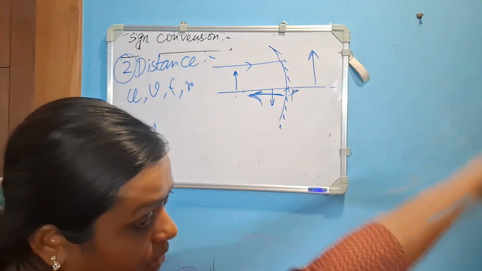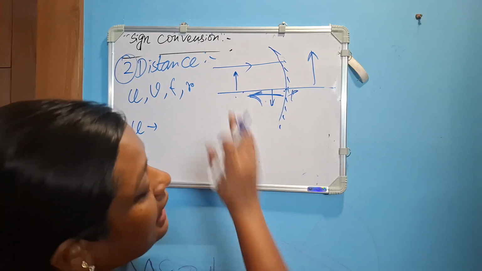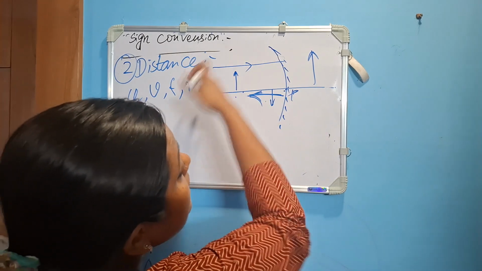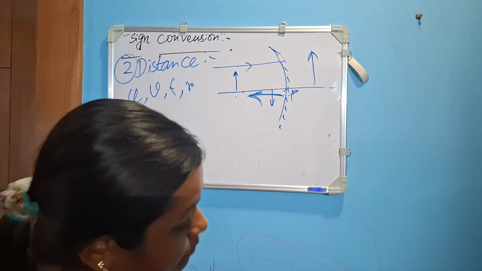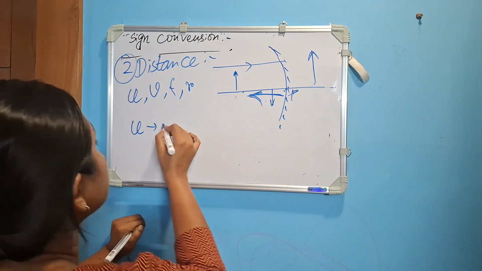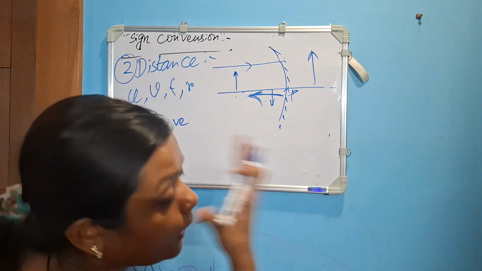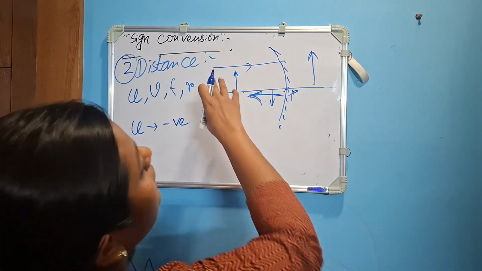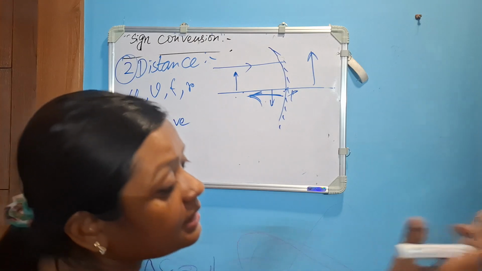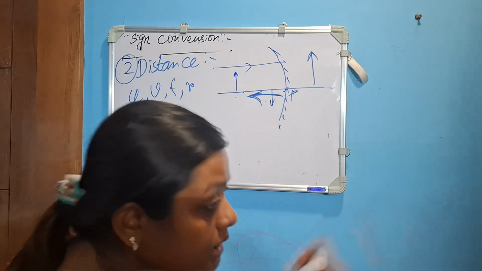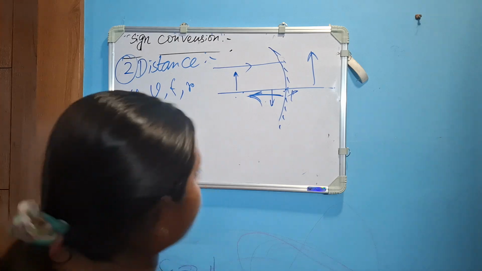But the distance is calculated from the pole in the opposite direction of the light. So it will be negative. That means if the light is falling from left to right, but the distance is calculated from the opposite direction, then it will be negative.